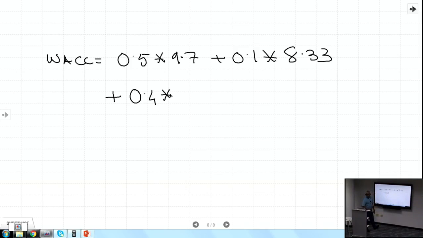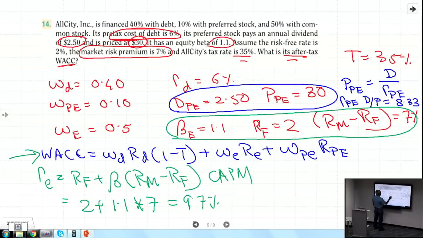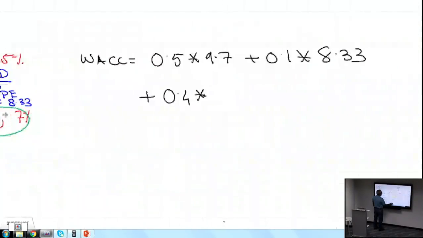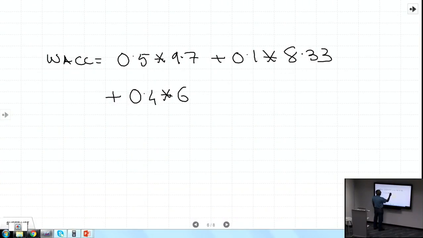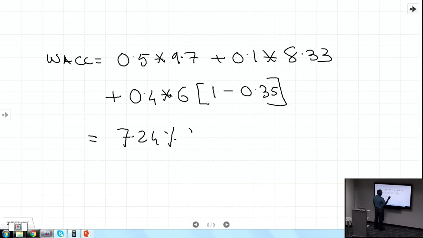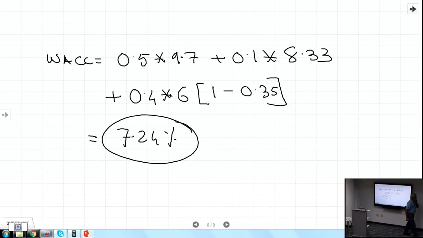We multiply this by the cost of debt, 6%, already provided to us, and now the after-tax adjustment, which is 1 minus the tax rate of 35%. So if you do all that math, it comes out to 7.24%. So that completes the problem on chapter 13.